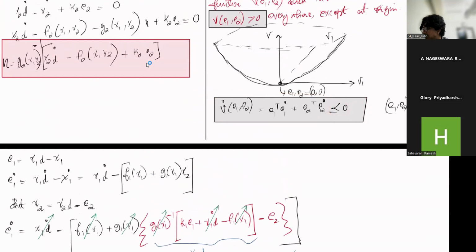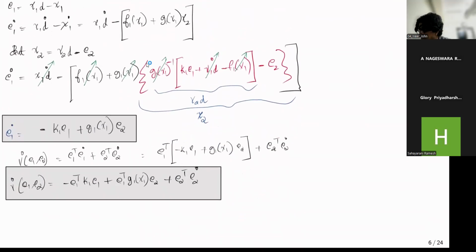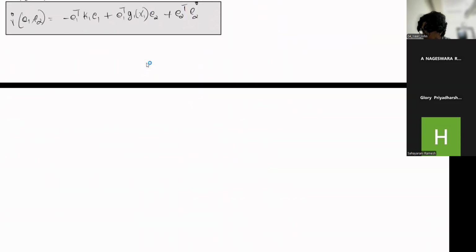So once we substitute that into this equation, if it is clear that it's going to be less than 0 everywhere, that means that the system is basically stable.